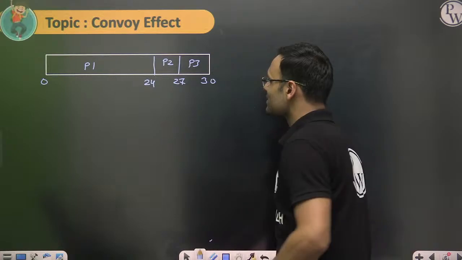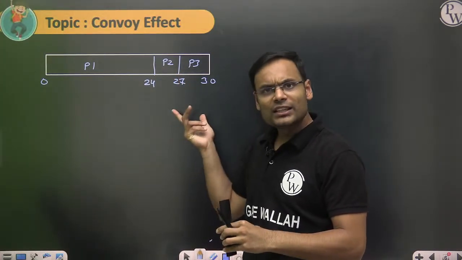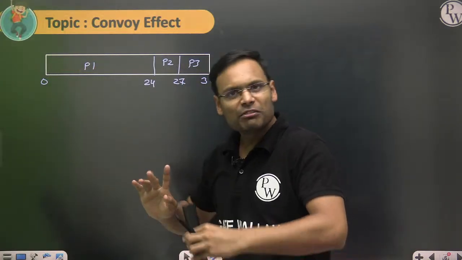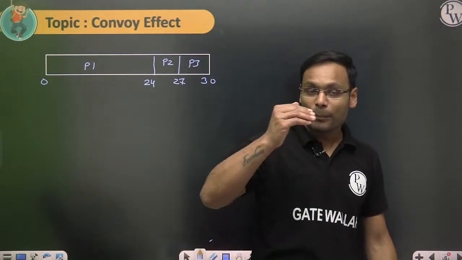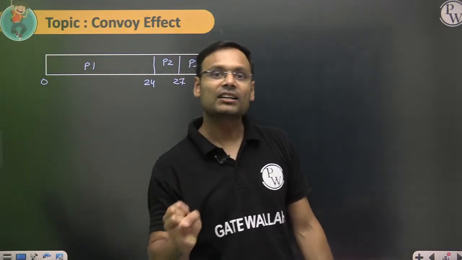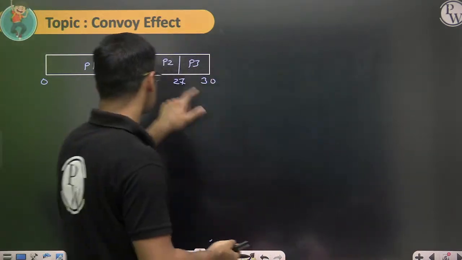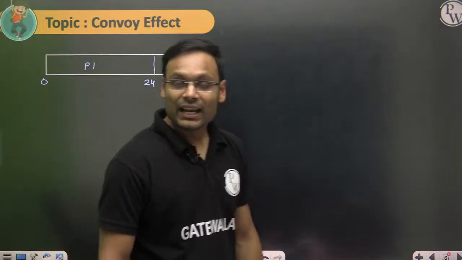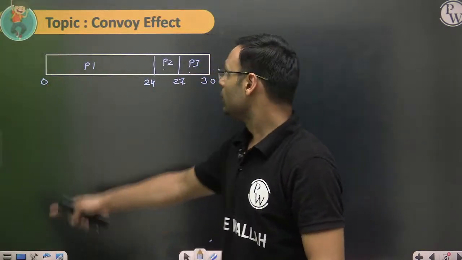Look at this. These two processes are executing just for 3 time units, but we'll have to wait for P1 to complete, which is a very big process. So if a big process is scheduled first, because of that big process, upcoming fast, small processes also will be delayed, and hence the entire system becomes slow.